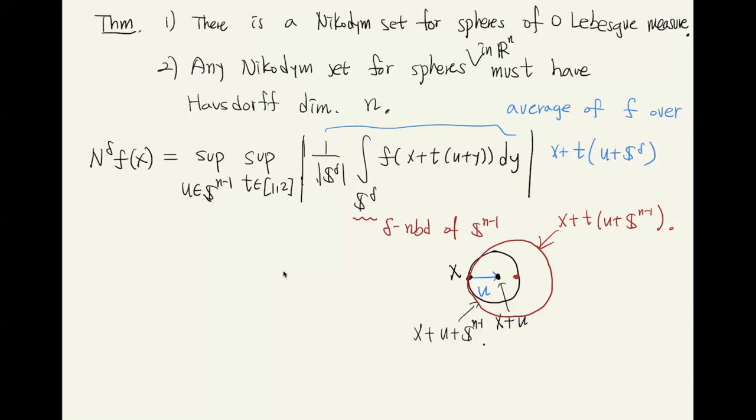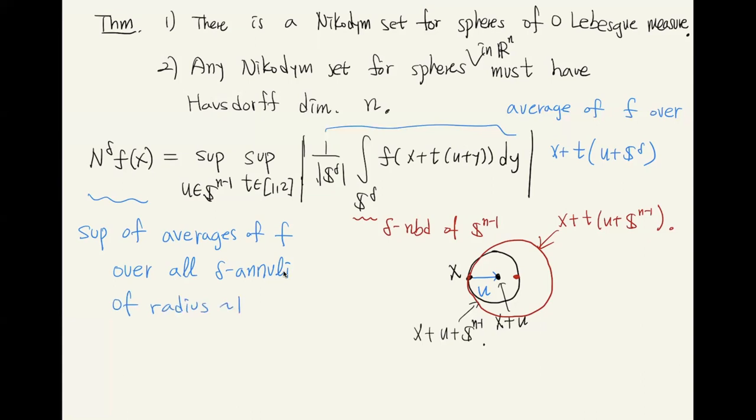So in other words, this takes the supremum of averages of f over all delta annuli of radius comparable to 1, passing through the point X. So this is what this maximal function does.